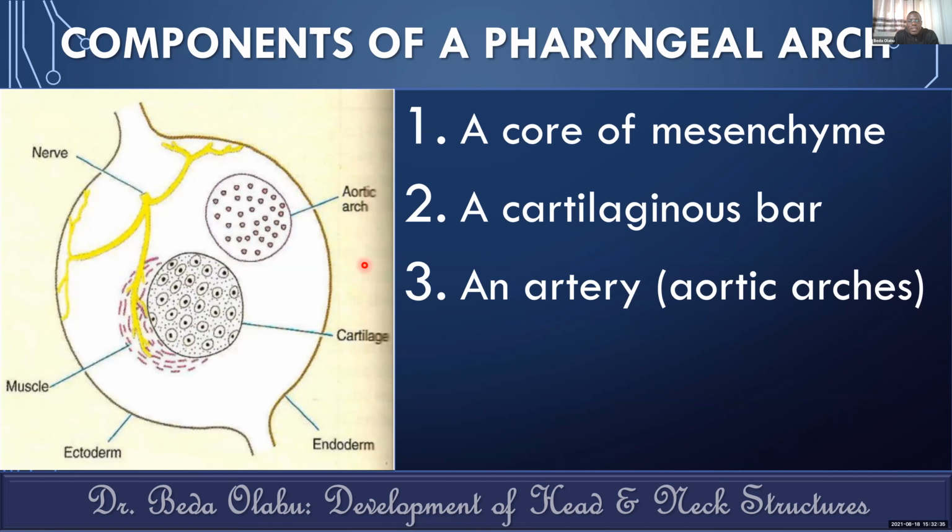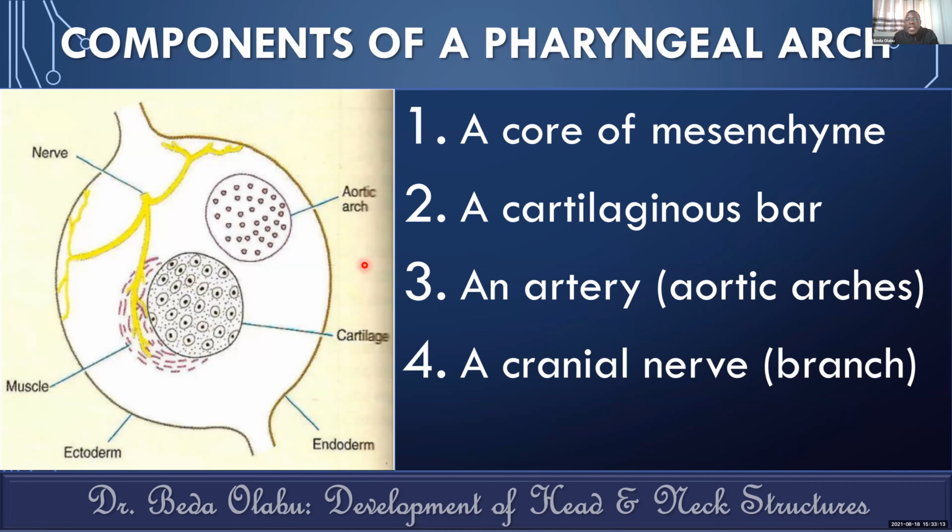And this aorta gives some paired branches on the right and on the left, which cross through the pharyngeal arch. And so we call them aortic arch arteries. Each pharyngeal arch has an artery within it, which we call an aortic arch artery. You can call them pharyngeal arch arteries. The purpose of this blood vessel is to supply the different components of a pharyngeal arch.